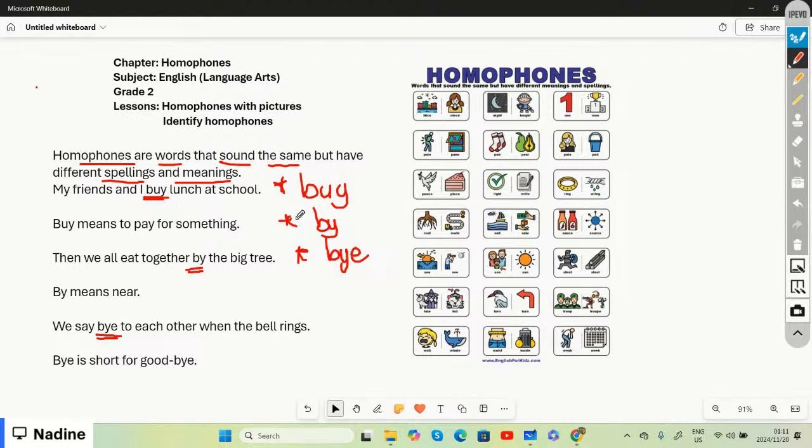These spellings are different. And the meaning of the words are also different. However, they sound the same, and that is homophones. Homophones are words that sound the same, but they have different spellings and they have different meanings.